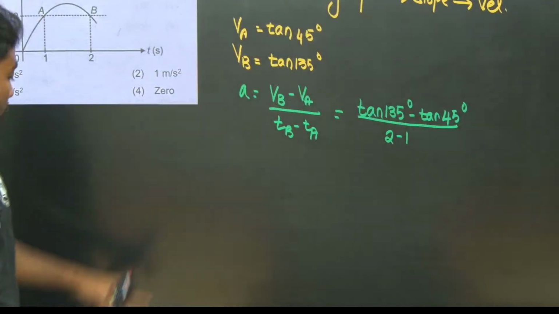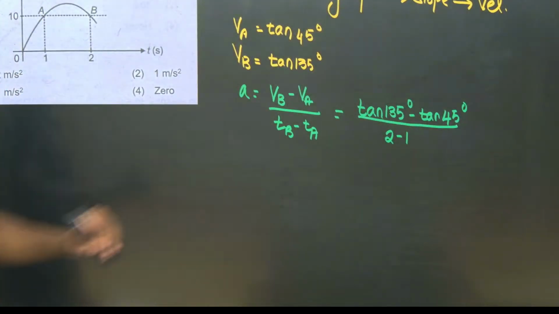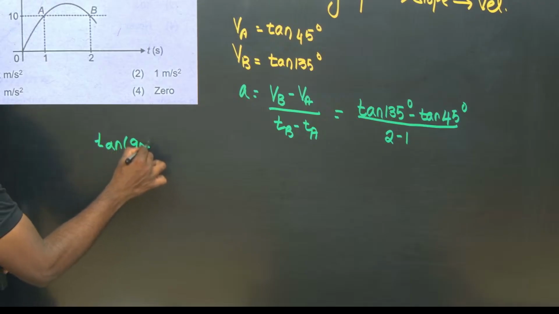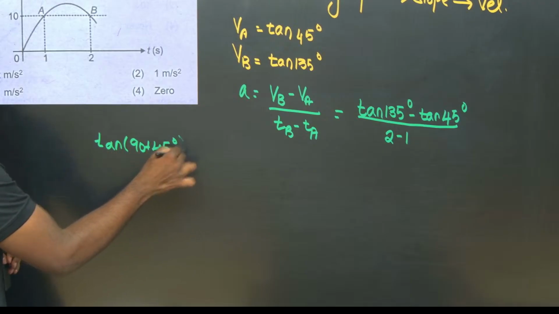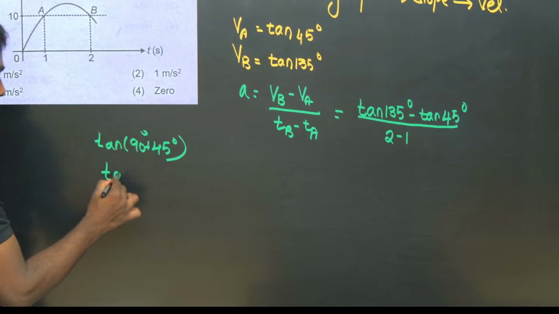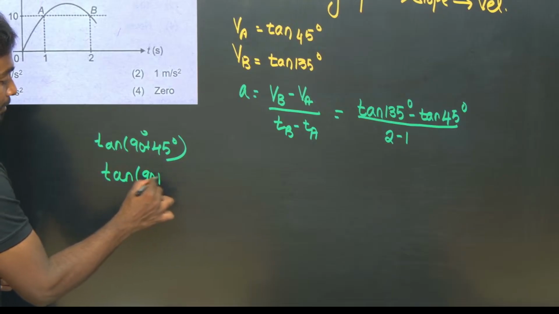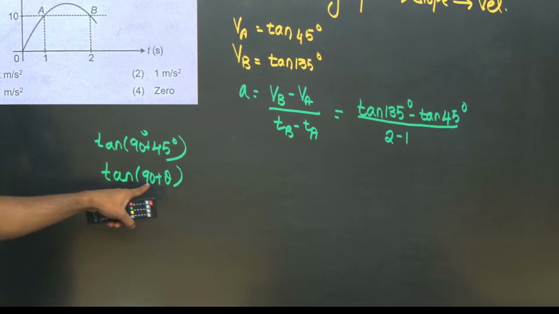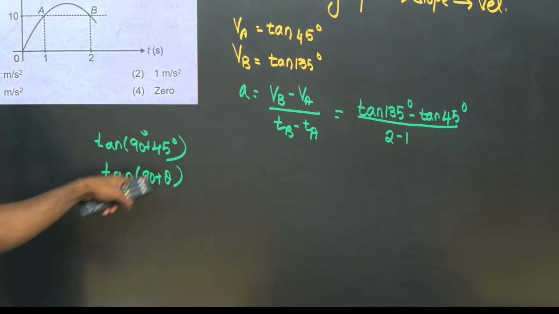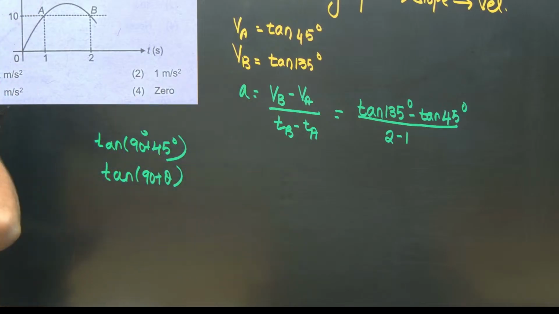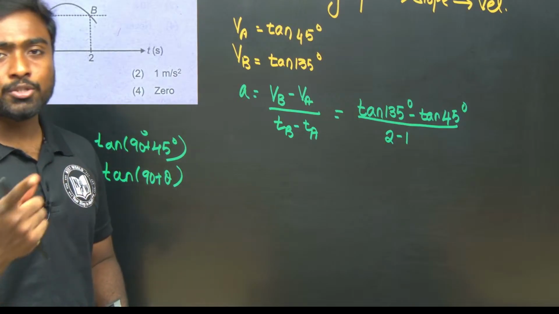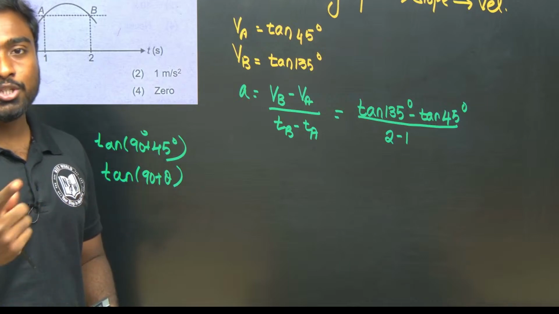Now tan 135 degrees, I can write as tan of 90 plus 45. Whenever we see 90 or 270, the trigonometric function changes to its opposite: sine changes to cos, cos to sine, tan to cot.